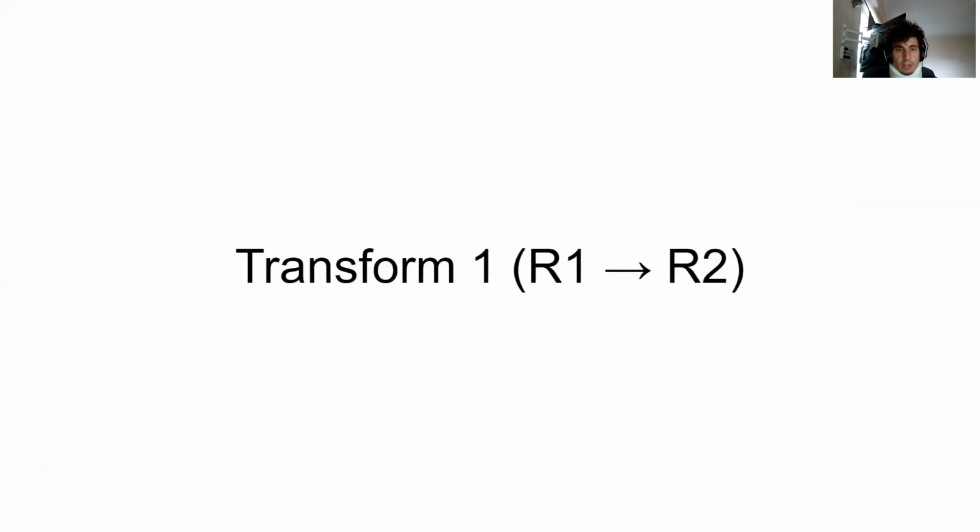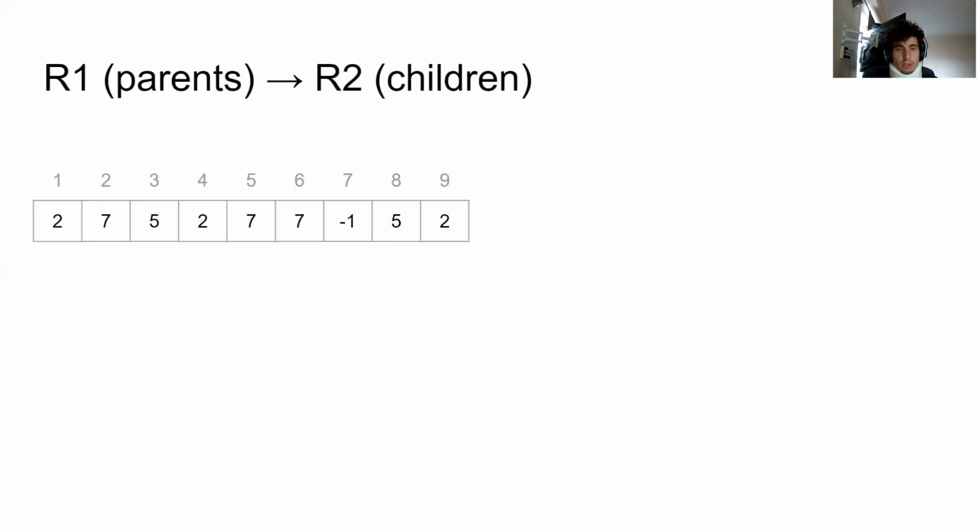All right. Now let's look at how to work with these representations. So let's see how it transforms from representation 1 to representation 2. Okay. So here we have the parents.